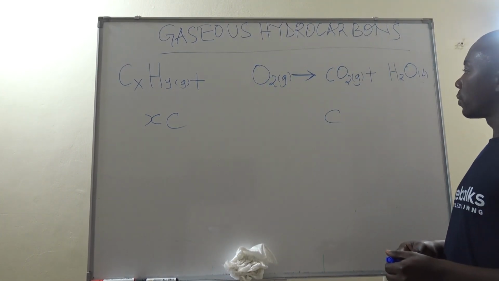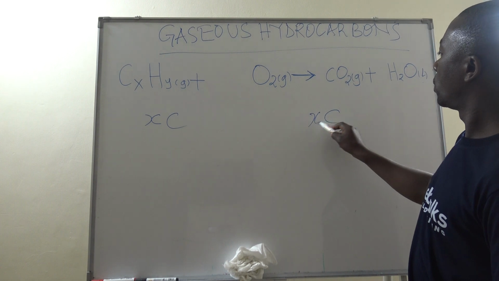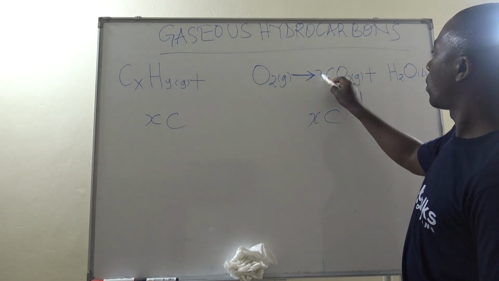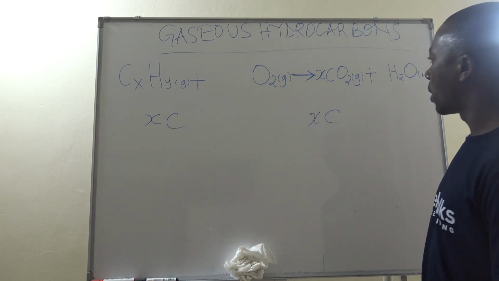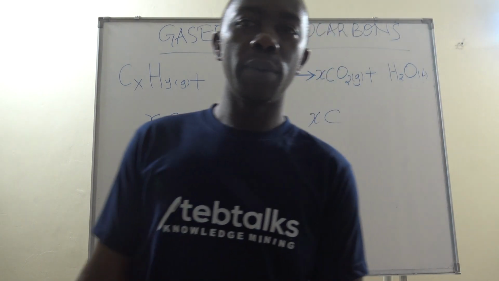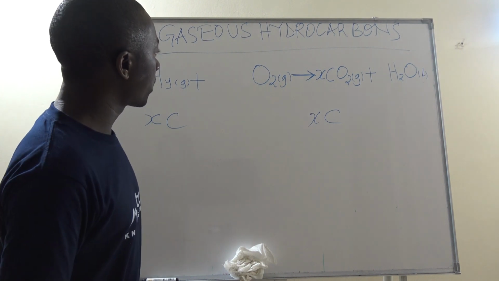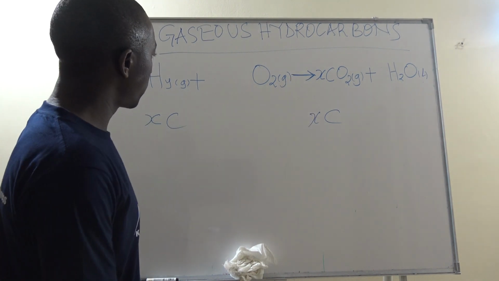So in order to balance it, we put an X here. The carbons have now balanced by virtue of multiplying the carbon dioxide by X.